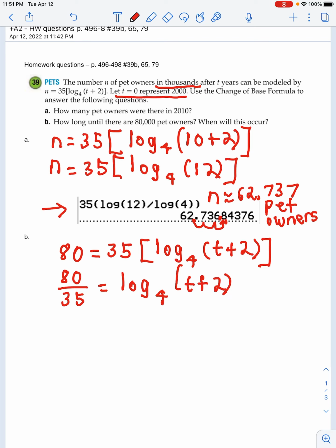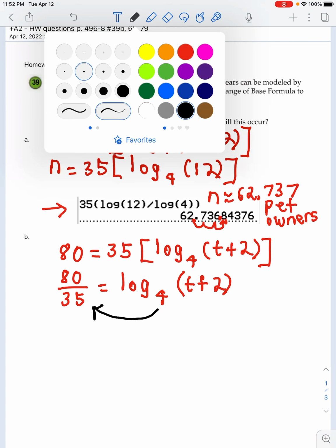So at this point, there are all kinds of ways we could solve it. I don't think the change of base formula is the easiest to use here, although it could be done. I think it would probably be more user-friendly to go to exponential form and rewrite this as an exponential equation.